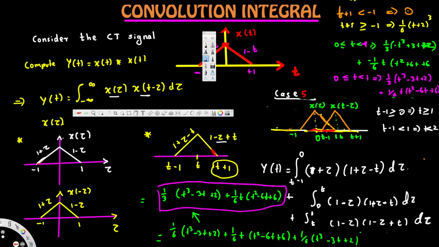Now let's see the non-zero overlapping regions. T minus 1 to 1 is the only region that's non-zero overlap, right? So we are just going to have one integral.